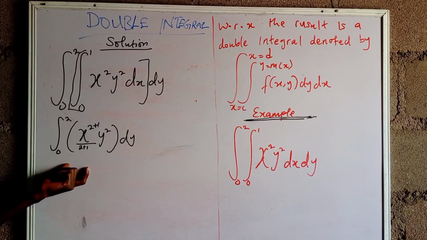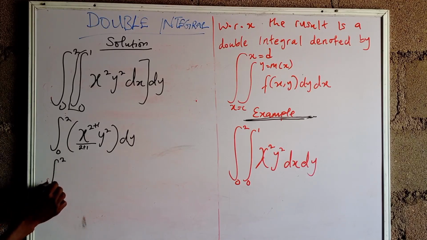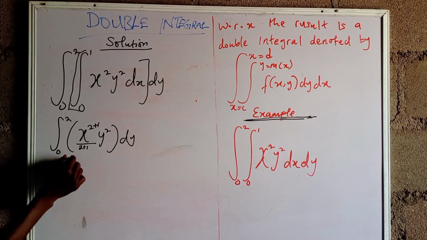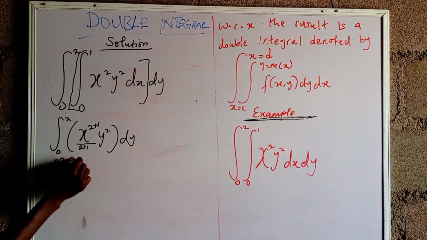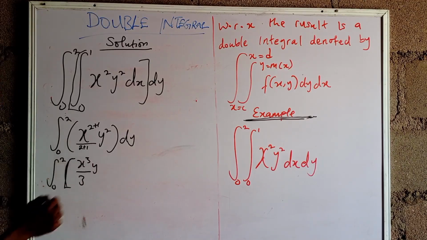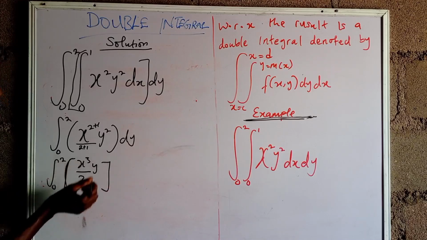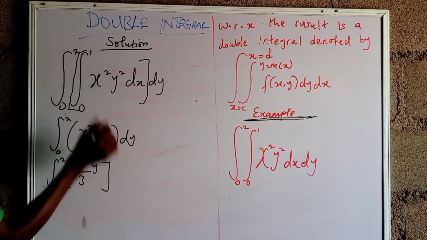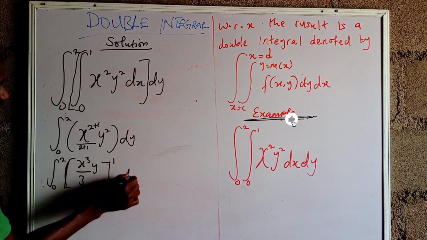Then we simplify it as the double integral of x to the power 3 all over 3, times y. Then we take the limits from 0 to 1, dy.